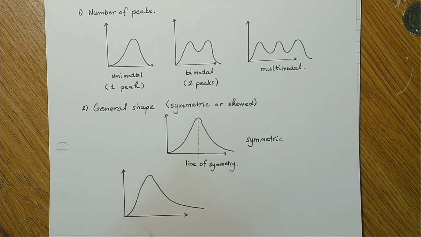So this is called right skewed, or positively skewed. And that's where the data is more toward the left.